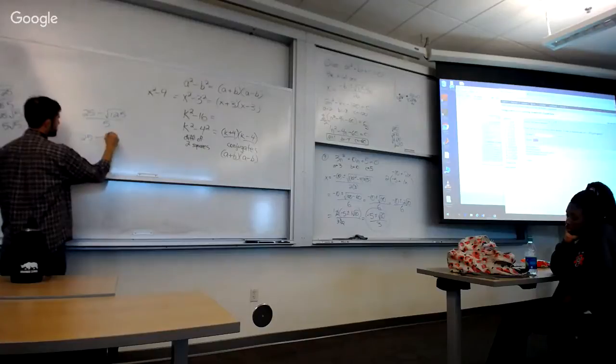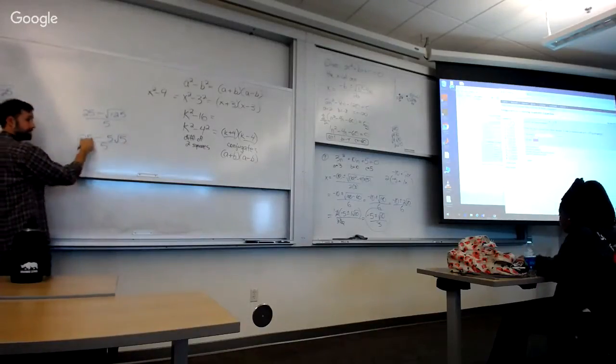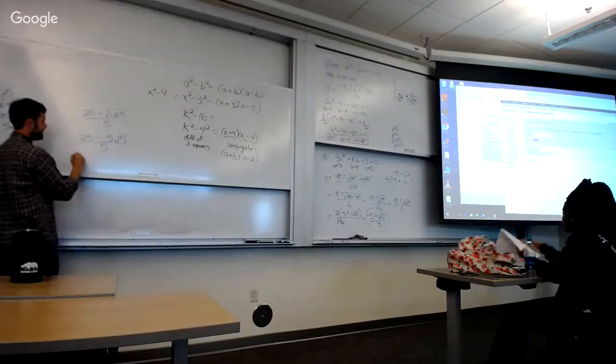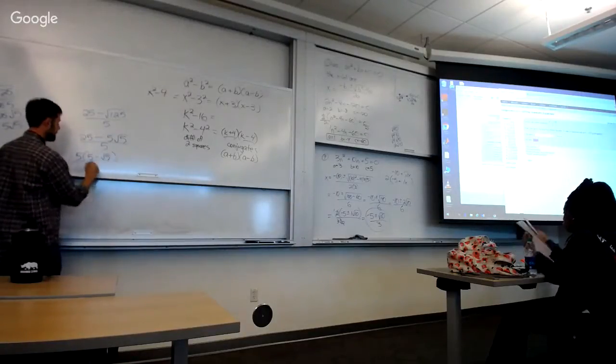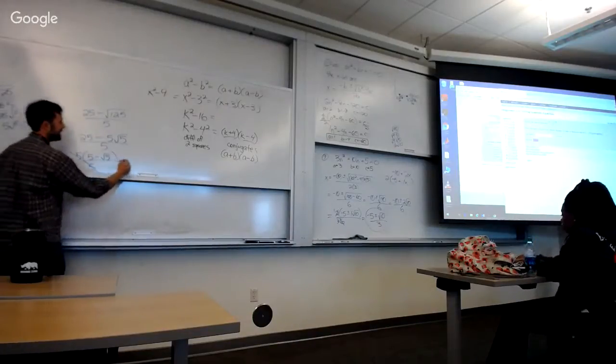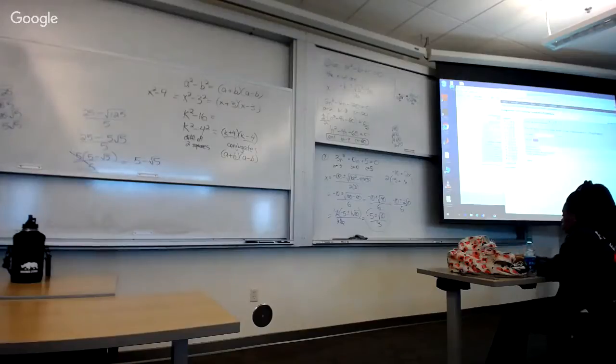So now I have 25 minus 5 root 5 all over 5. From the numerator, I can just factor out a 5. So it'll be 5 outside of (5 minus root 5), all over 5. The 5's completely cancel out, and I'd be left with just 5 minus root 5. That simplifies a lot. And by the way, how do you type in square root? SQRT, 5 minus SQRT 5. I hit submit, and that's the answer.